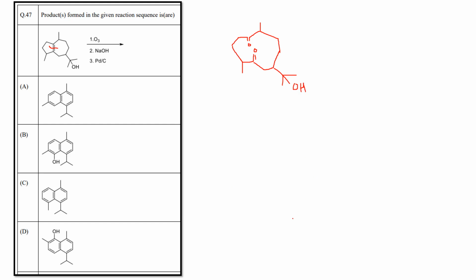If you take this proton, and then attack this center, how many member ring will form? It will form a 4 member ring. That will also not be okay. If you take a proton from here and attack here, how many members will it form? 1, 2, 3, 4, 5, 6. This is possible, and if you take from here and attack this carbonyl, that is also possible. So let's try both of them and let's see which one gives our product.